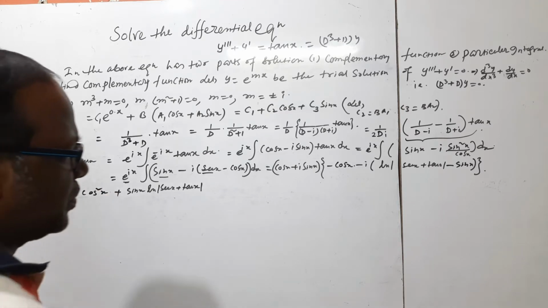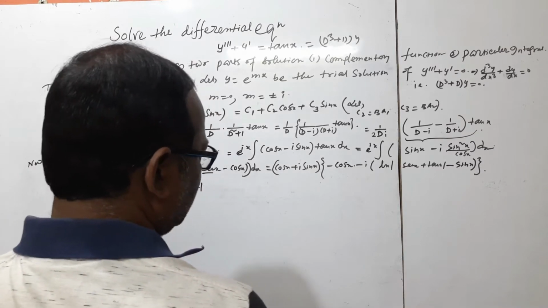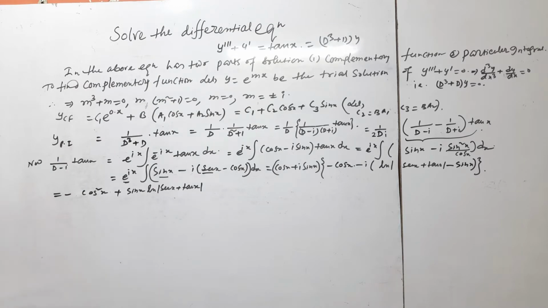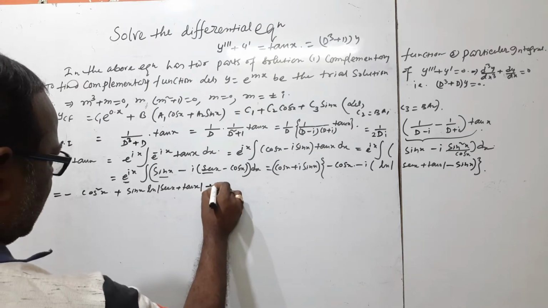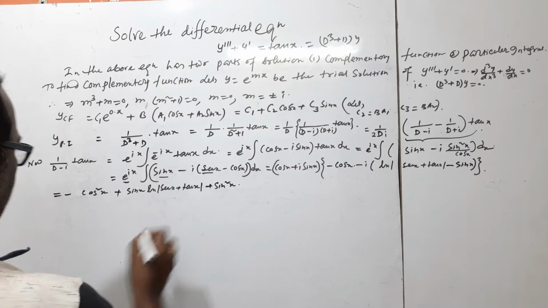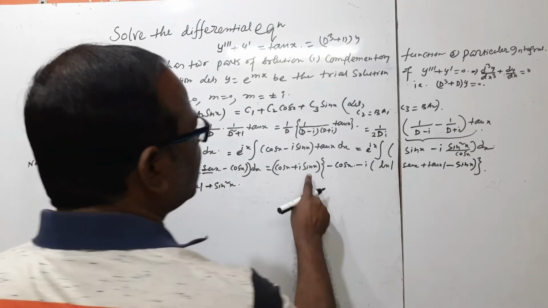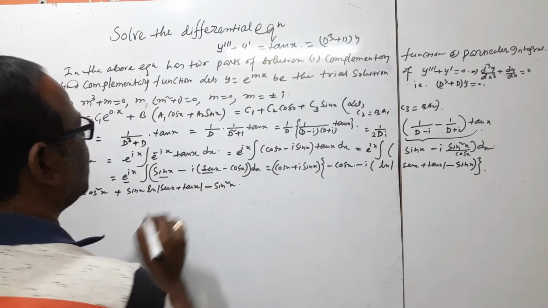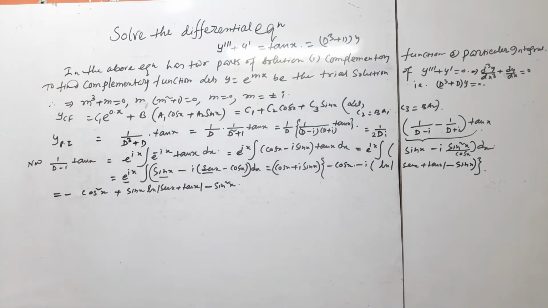Okay, and sin into sin plus sin square, minus sin square. Okay, minus sin square.